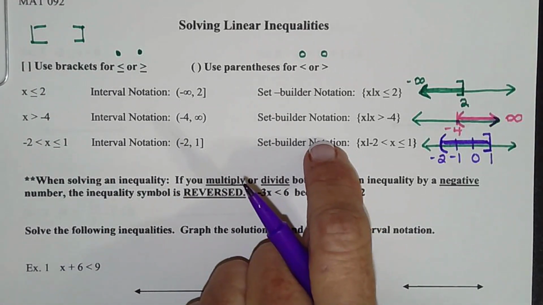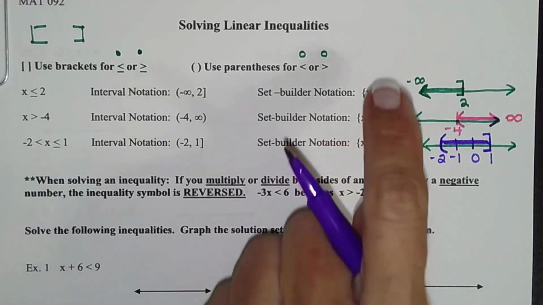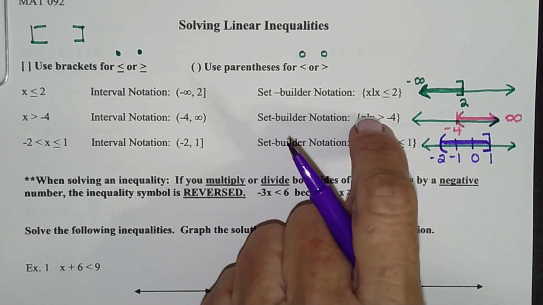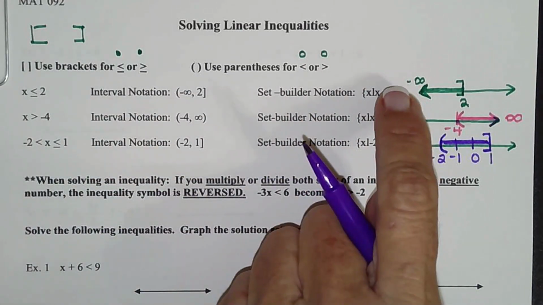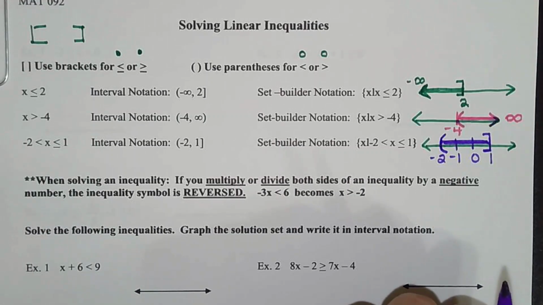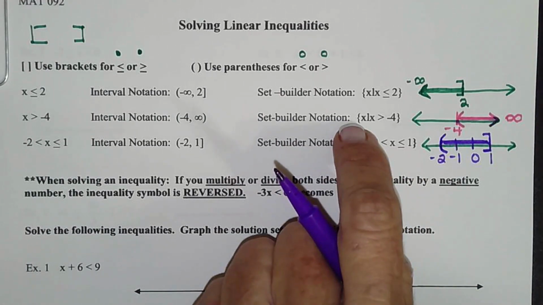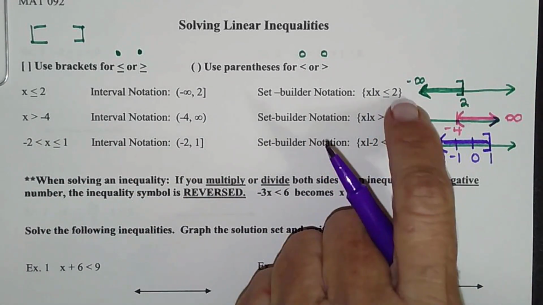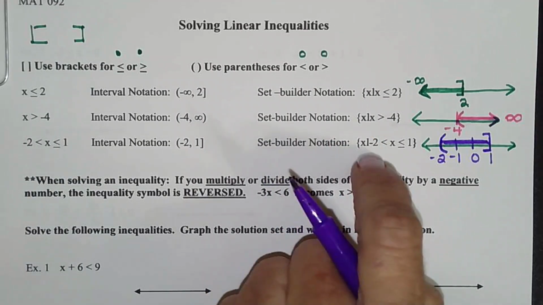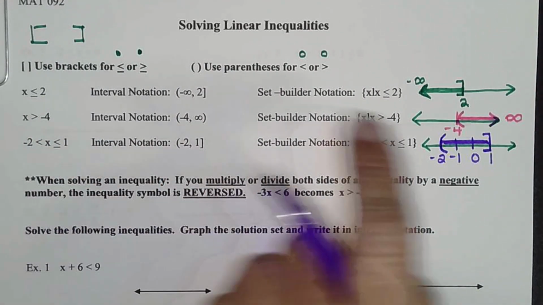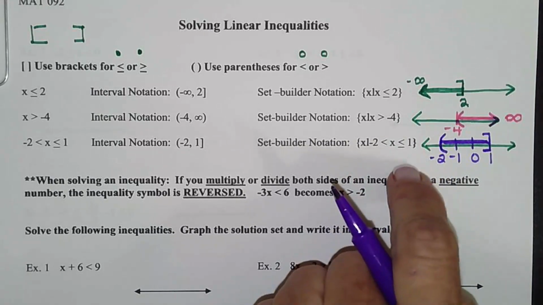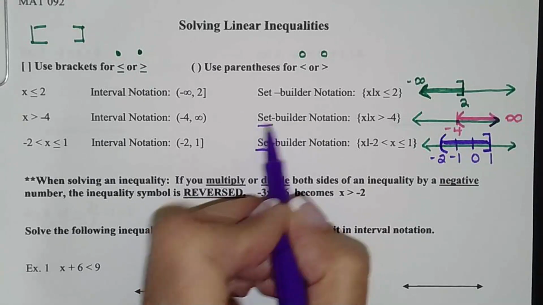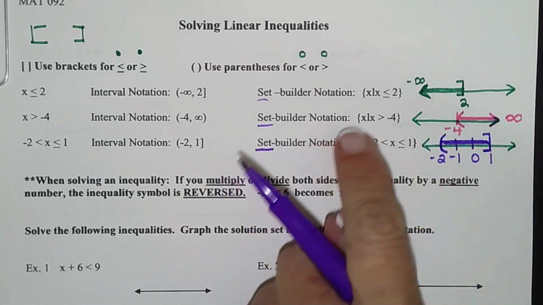Set builder notation is the only new thing here, and it's that set symbols X such that, and then you just place the answer right after the such that symbol. X such that, then you take the answer and place it right after and close your set. So it's easy to remember this is set builder notation because it uses the set symbols.